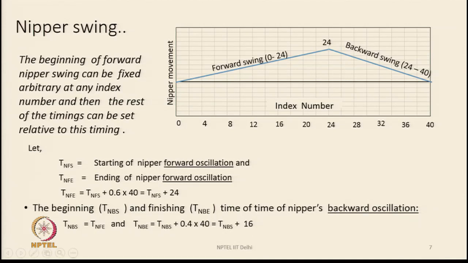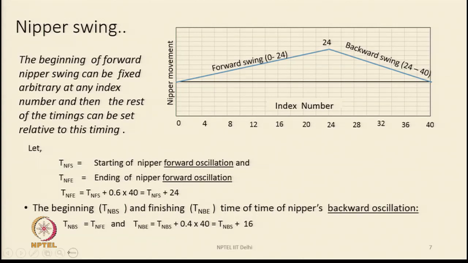So, in this case, let us say that TNFS is the starting of the Nipper forward oscillation, and TNFE, where N stands for Nipper, F stands for forward journey, and S stands for starting and E stands for ending. So, journey starts and journey ends. So, TNFS and TNFE, therefore, the starting of Nipper forward oscillations, ending of Nipper forward oscillations.